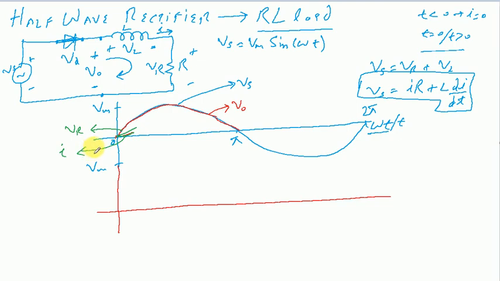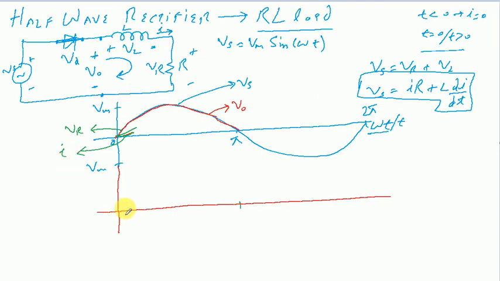So what about the voltage? Because we have already mentioned that this red color represents the output voltage, and that is basically the voltage across the sum of these two components, that is the resistance as well as the inductance.